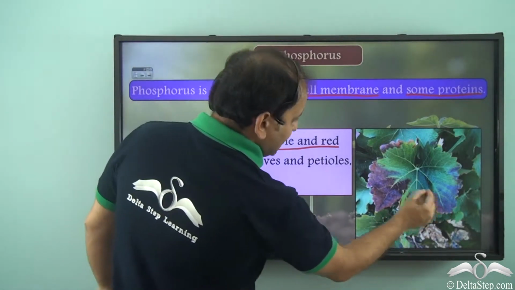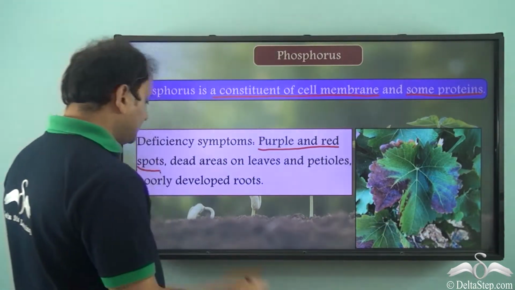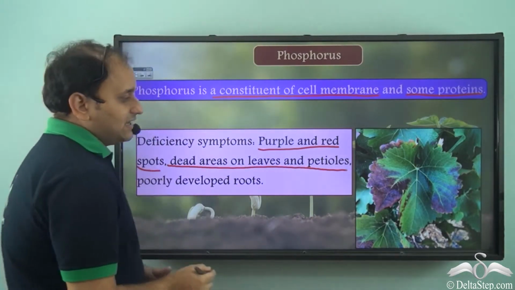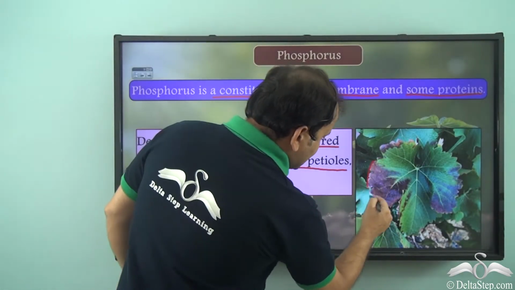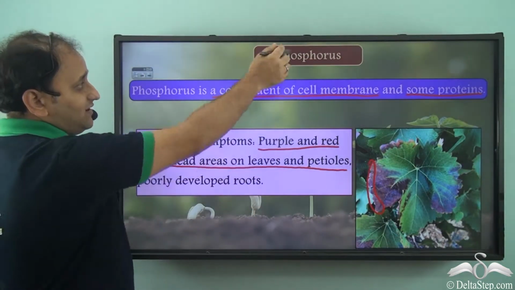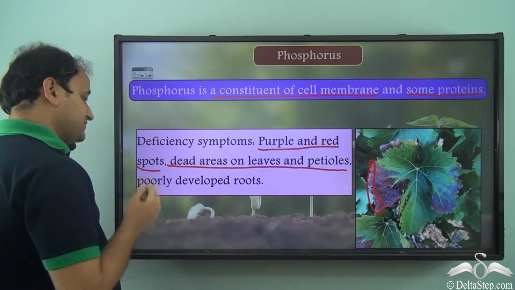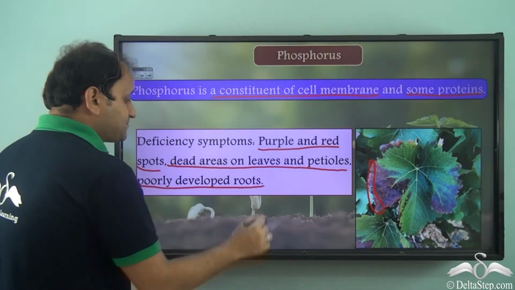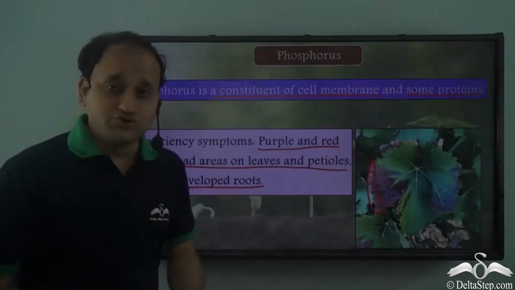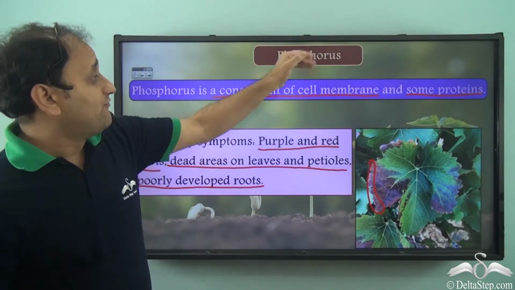You can clearly see purple and red spots on the leaf, dead areas on leaves and petioles. These are because of the deficiency of phosphorus, and also poorly developed roots. This is another symptom which is due to deficiency of phosphorus.